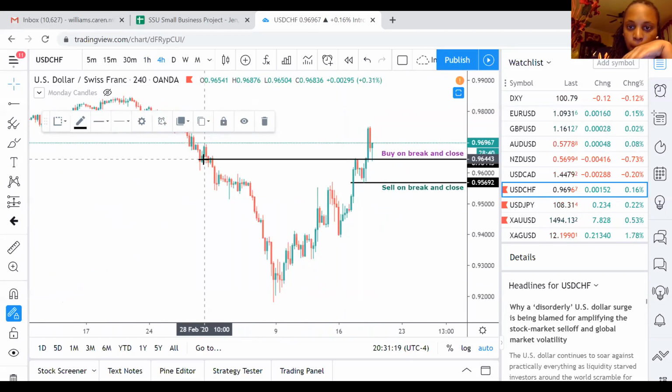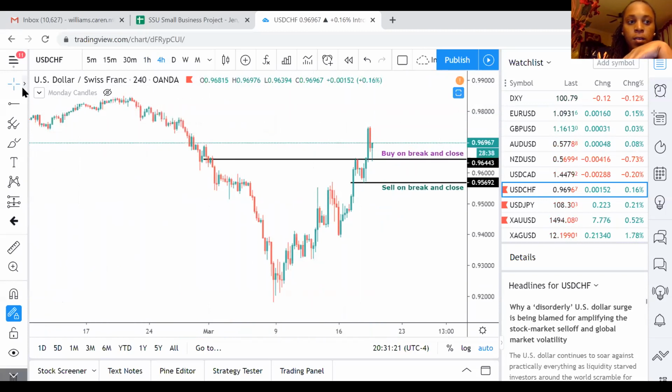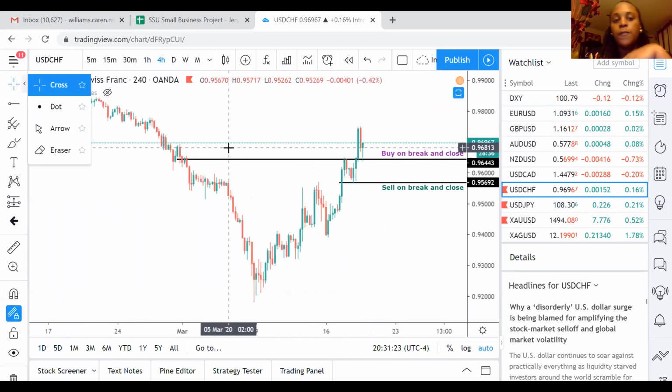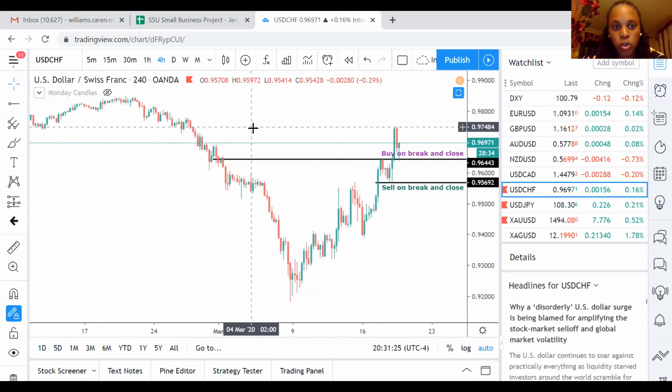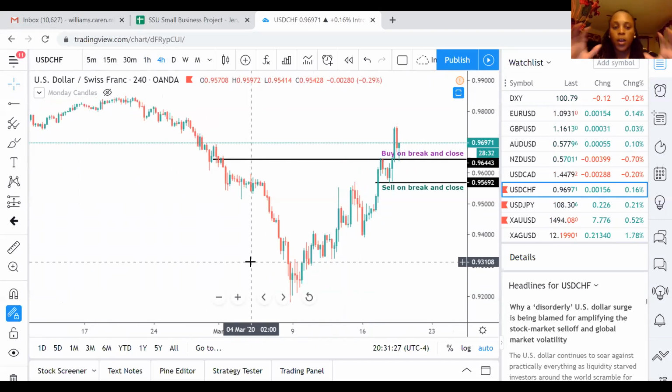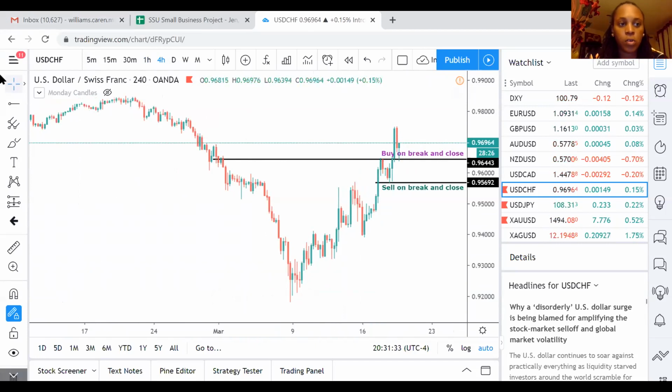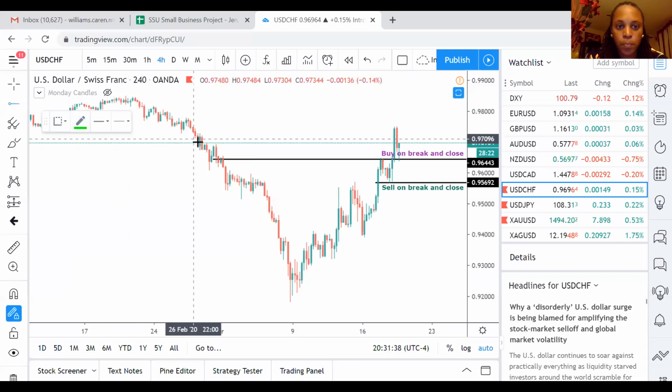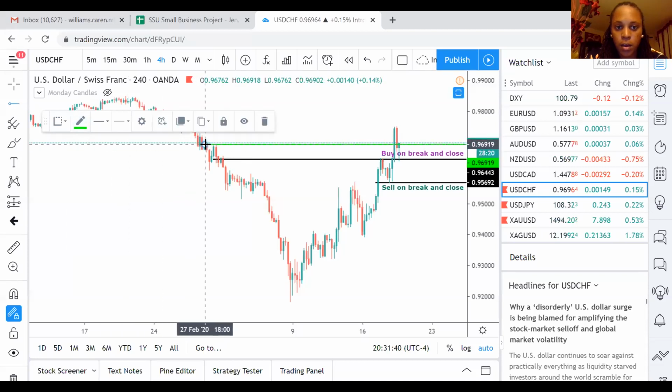And for the buy, your take profit will always be the next mountain top. So what I mean by that is your take profit will be here. This is the last mountain top.